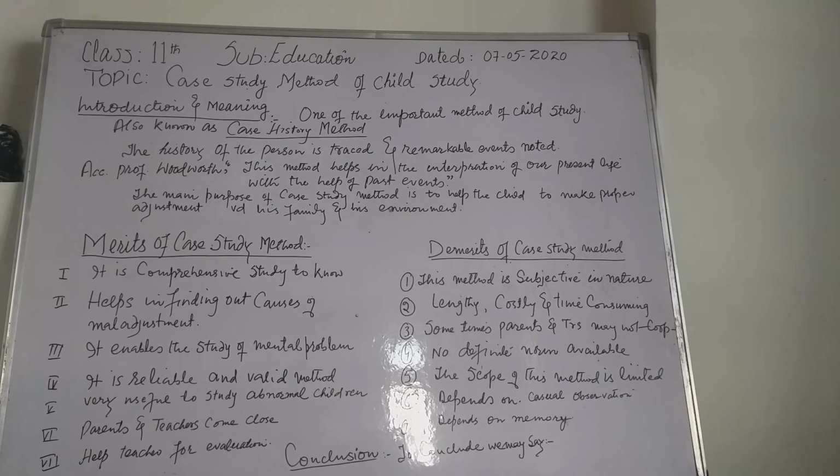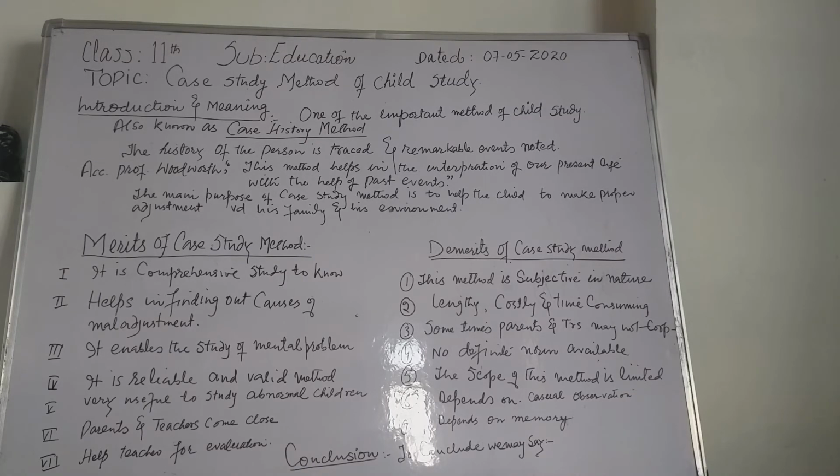This method, properly known as case history method, has various merits and some of them are as under. Number one, we can make overall study of the child. Hence, it is a comprehensive study to know all the traits of the child's personality.